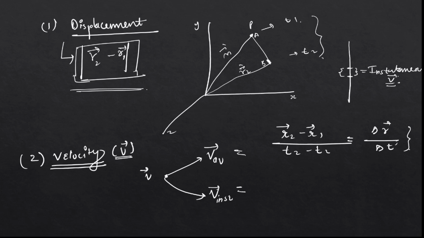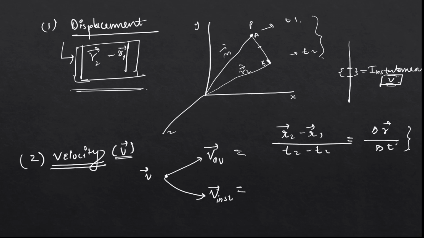If I am interested in finding the change in the position at very small interval of time, then at that particular instant, that velocity would be called as instantaneous velocity, right?